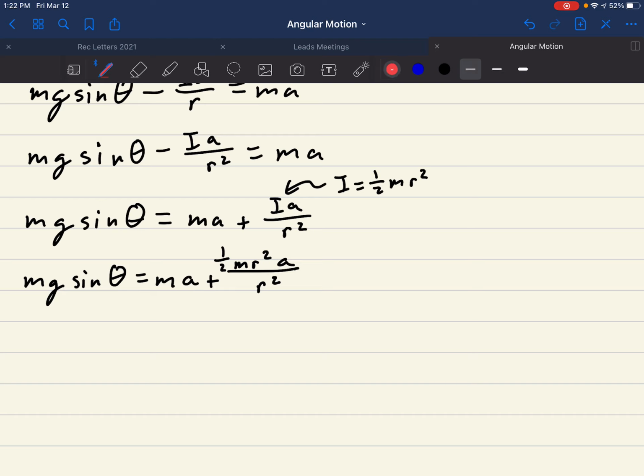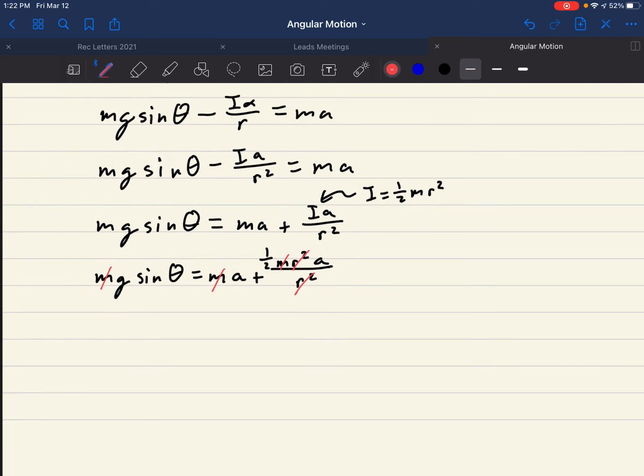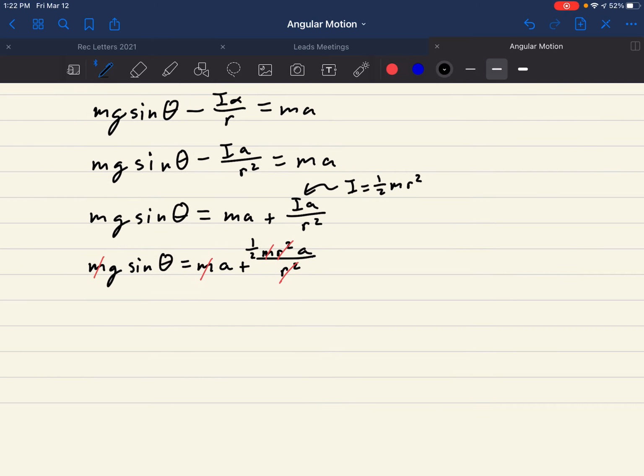And now I can cancel stuff out. I've got an m in every term, and here I've got an r squared and an r squared there. So it does simplify a lot. Now I've got g sine theta is equal to a plus, what was it, 1/2 a?